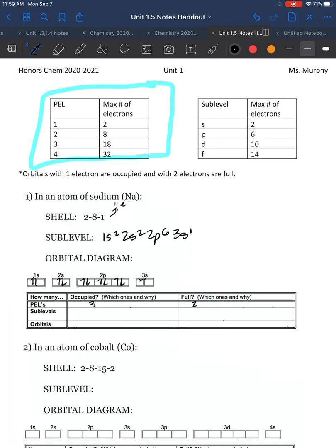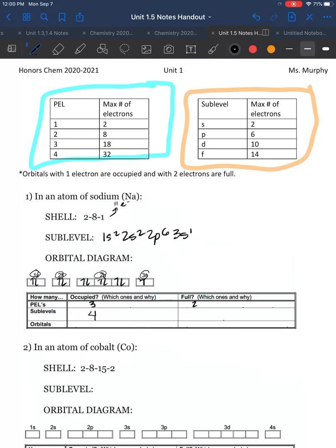Now, let's work with the sublevels. How many are full? Remembering that our table for sublevels is here. Is 1s sublevel full? Oops, sorry. Let's do occupied first. We have a 1s sublevel that's occupied, 2s sublevel, a 2p, and a 3s. So that's 4.